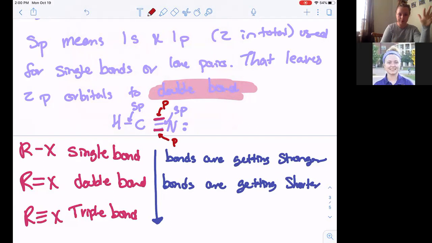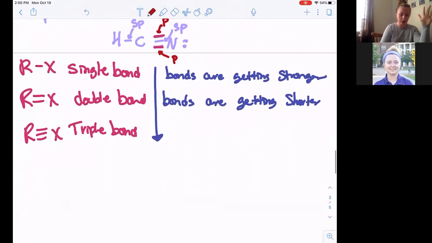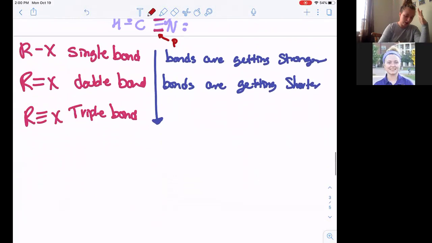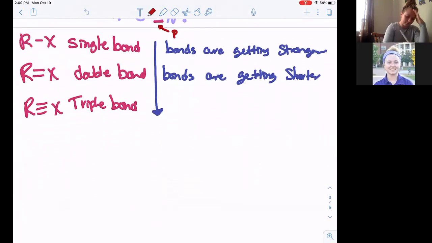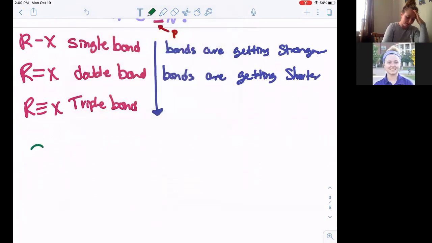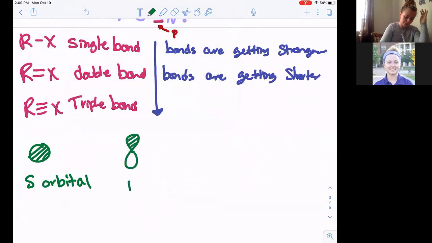And so let's go over what S and P look like, and sigma bonding and things like that. So let's pick a new color, dark green. This is an S orbital, okay? This is a P orbital.